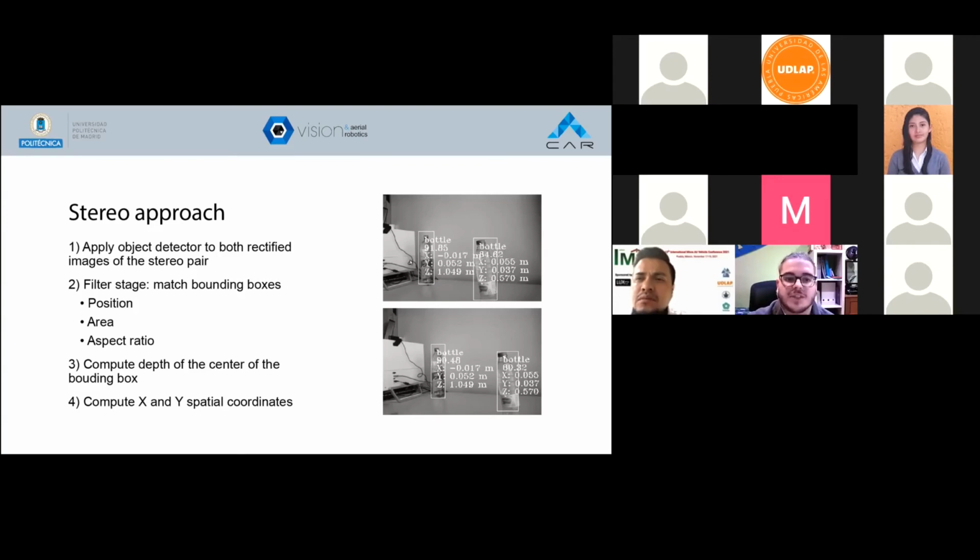So some lightweight filters, in terms of computational load, are applied based on their relative position, their area, and their aspect ratio. The depth of the center of the bounding box is calculated as the average of the depth of the corners we calculated. And finally, again, the X and Y coordinates are calculated using the aligned-axis pair 3D stereo model.